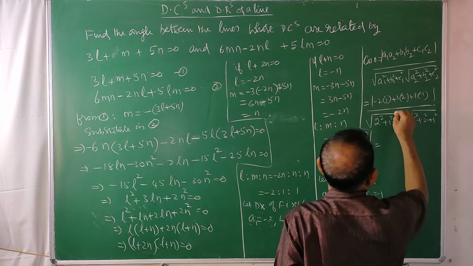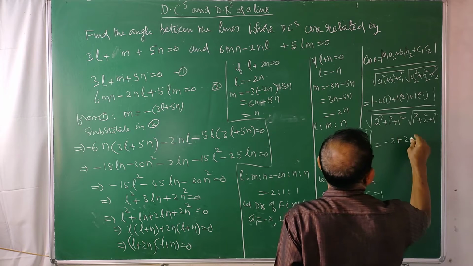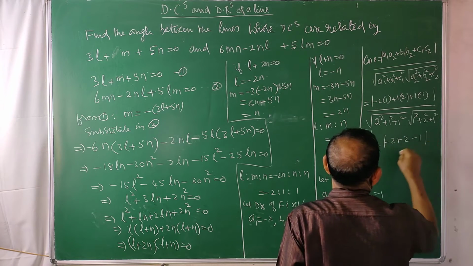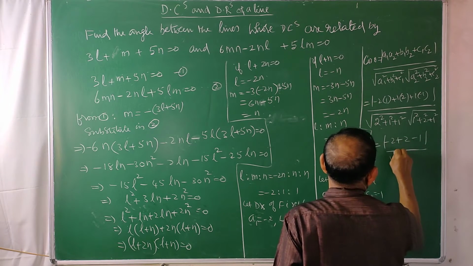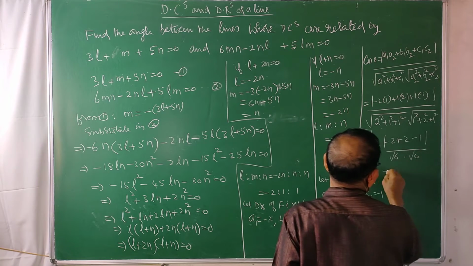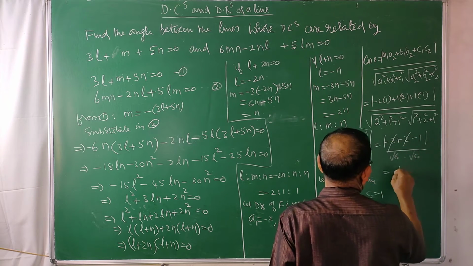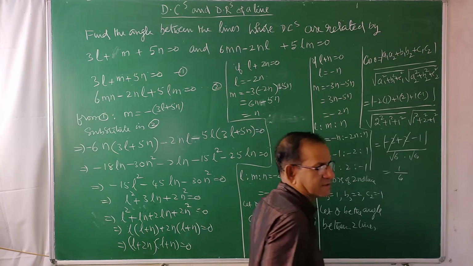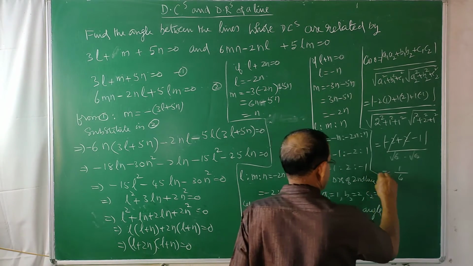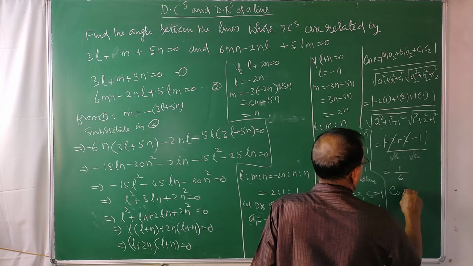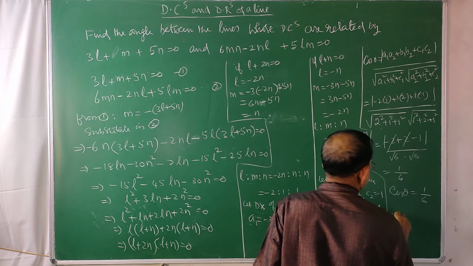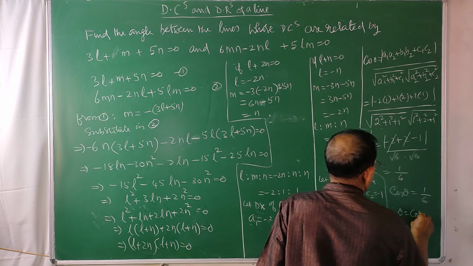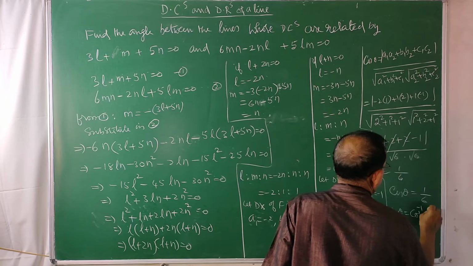So that is minus 2 plus 2 minus 1 by root 6 into root 6. These two are cancelled, 1 by 6 because we have taken modulus. So cos theta is 1 by 6. Therefore theta is equal to cos inverse 1 by 6.